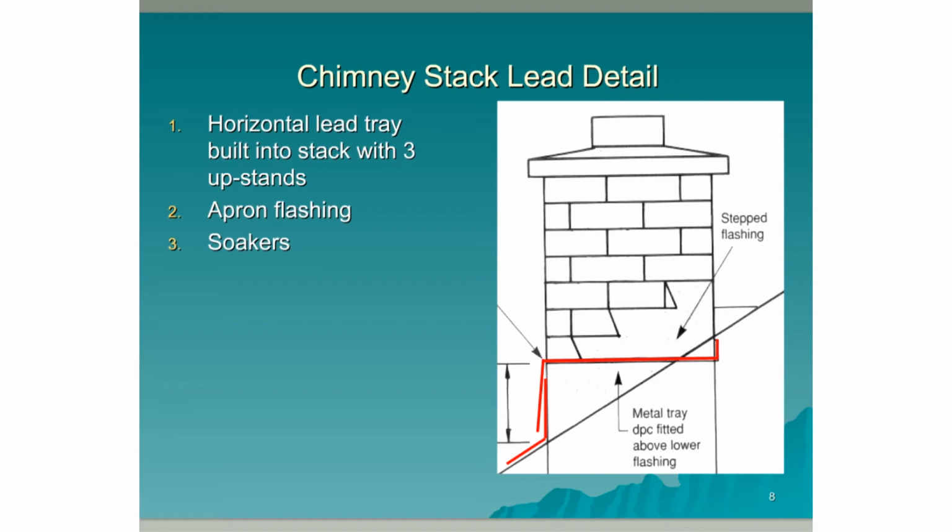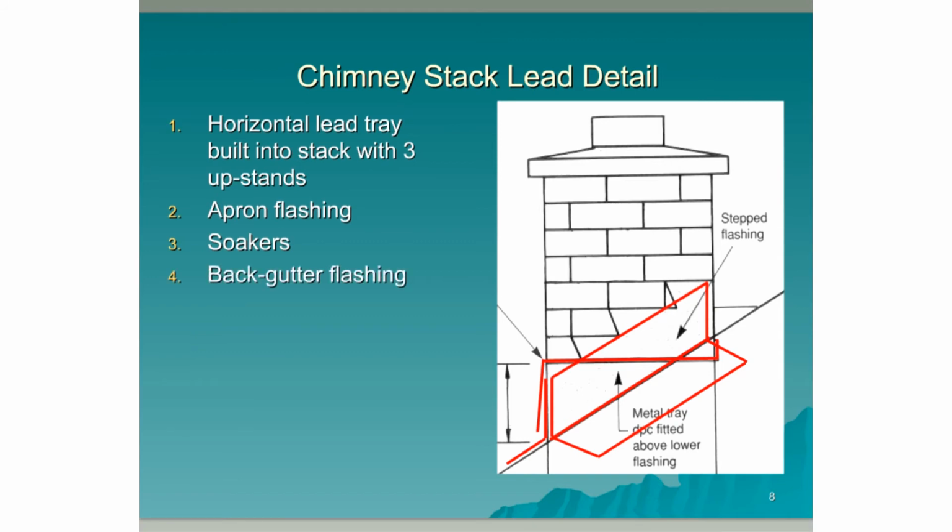The third one are the soakers. These are on either side of the stack and are placed underneath the slates or the tiles on either side of the stack, and then they project up the face of either side of the stack.